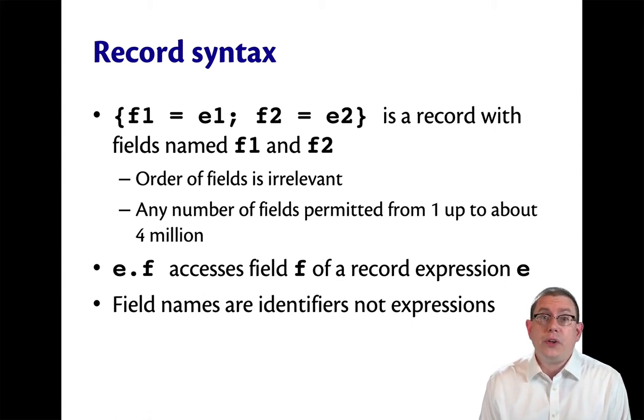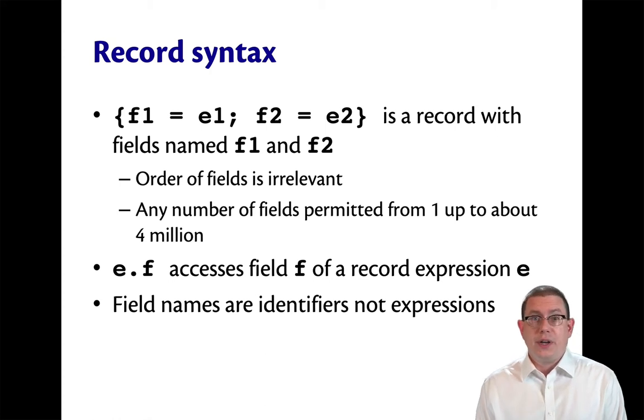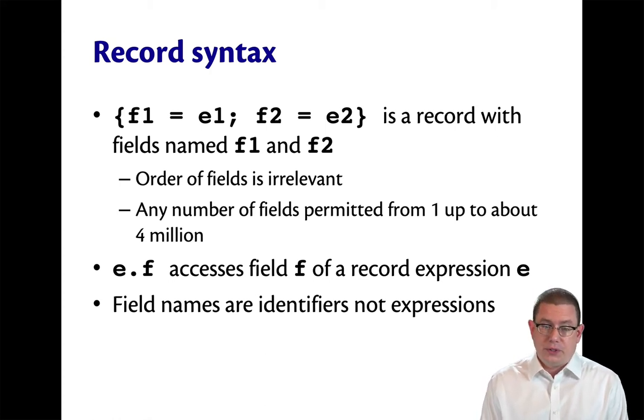Now the order of fields as we write them down inside of a record is irrelevant. We're free to write them in any order we want, and OCaml will not distinguish one record from another based on the order of the fields. You can have any number of fields you want inside of a record, from 1 up to somewhere around 4 million. Honestly, you would never have a record that big, really. You might have 3, 4, 5, even 8 fields.